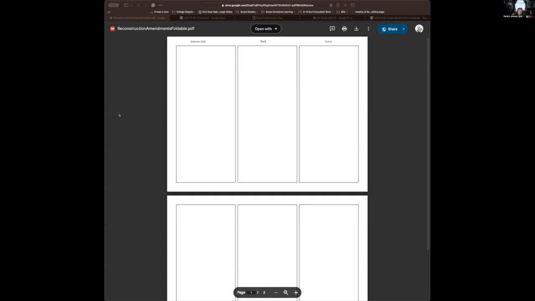Then the second day, they're going to look at the text of the 14th Amendment, and you pass out the foldables from the previous day. In the center, they're going to do the exact same thing. In the unmarked column, they're going to write 14th Amendment and do the same thing they did the previous day. They're going to summarize the major points, then write and/or illustrate some of the reactions to this, and then you're going to collect them again.